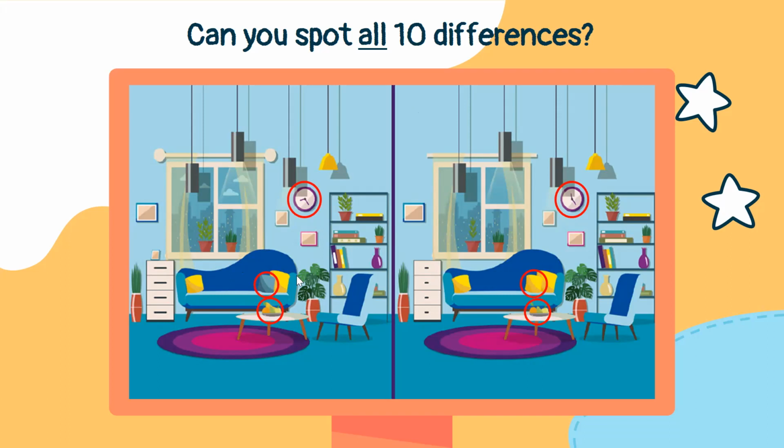So let's turn over to the next one. Could you give me an example? As I can see in the picture on the left, there is a small photo above a wardrobe, while on the other side there isn't one.